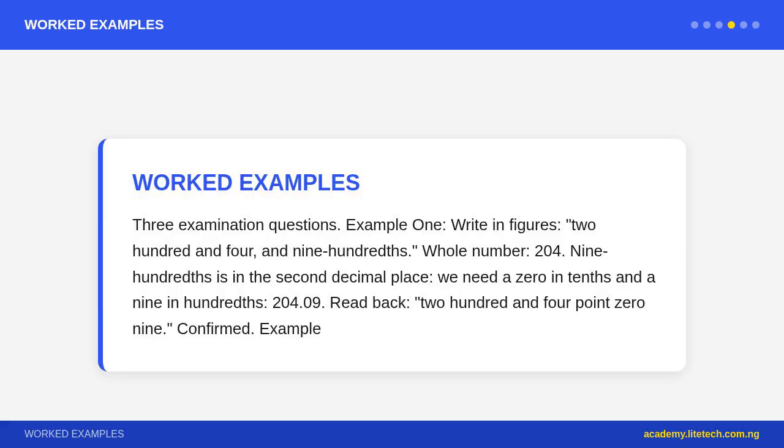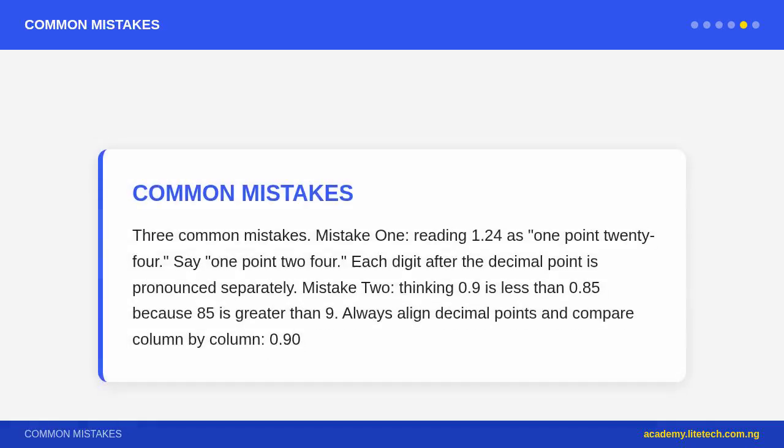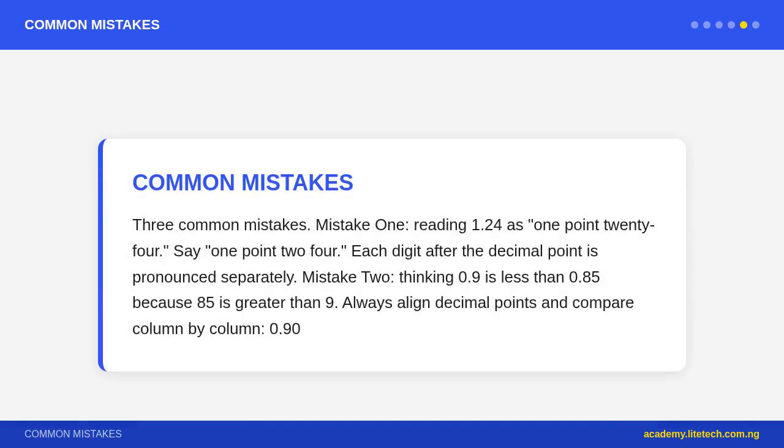A. 13/20, multiply numerator and denominator by 5 to make the denominator 100, 65 divided by 100 equals 0.65. B. 7/8, divide. 8 into 7, 8 goes 0 times, 8 into 70 goes 8 times, remainder 6, 8 into 60 goes 7 times, remainder 4, 8 into 40 goes 5 times. So 7/8 equals 0.875.